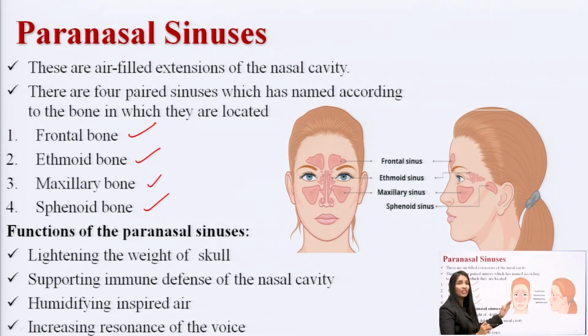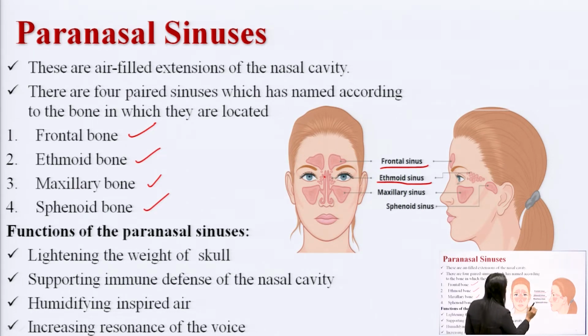Depending upon the location where the bone is located, we have the four paired sinuses. This one, the upper part on the forehead, you can see the frontal sinuses. At the middle here you can see the ethmoid sinuses, and here these are the maxillary sinuses.